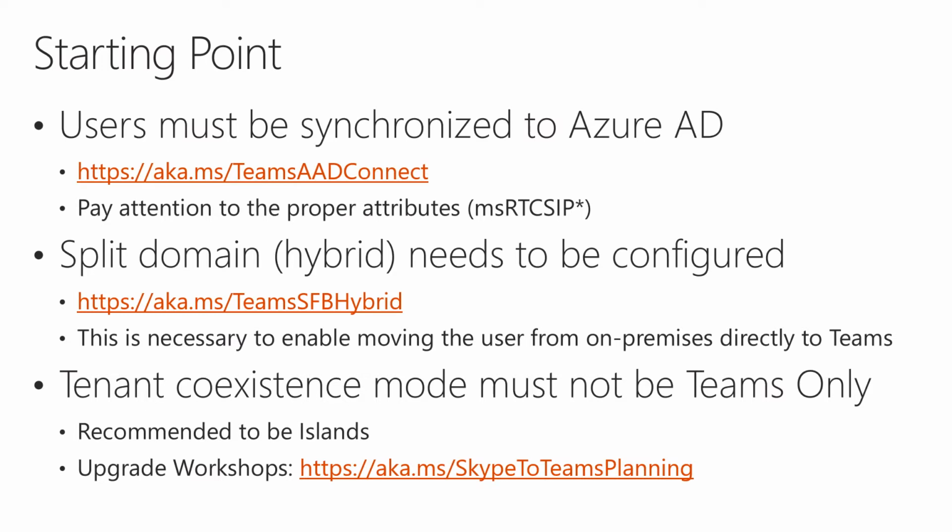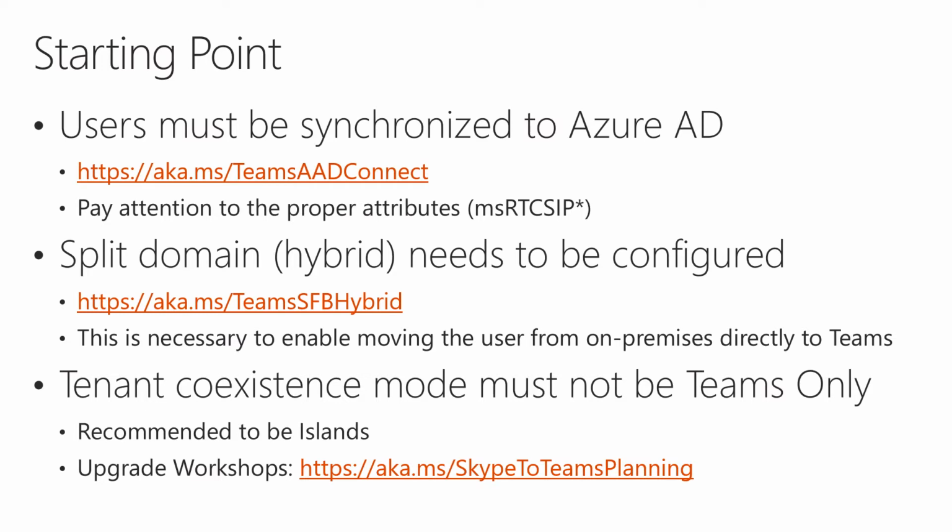Make sure as you read through that documentation that you pay close attention to the proper attributes that you need to sync. From a Skype standpoint, these are attributes that start with msRTCSIP. These are critical attributes that need to be synchronized into the service so that the service can properly understand where your users are in your environment, and whether you even have an on-premises Skype for Business deployment.